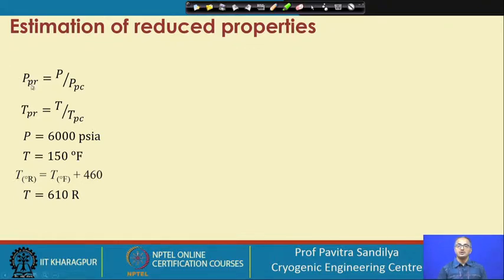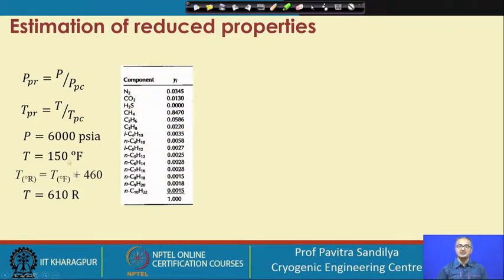The pseudo reduced pressure is the ratio of the actual pressure to the pseudo critical pressure, PPC. Similarly, the pseudo reduced temperature is the ratio of the actual temperature to the pseudo critical temperature. Pressure is given as 6000 psia and temperature is 150 degree Fahrenheit. First we convert the temperature from Fahrenheit to the absolute Rankine scale by adding 460, and we get 610 Rankine.